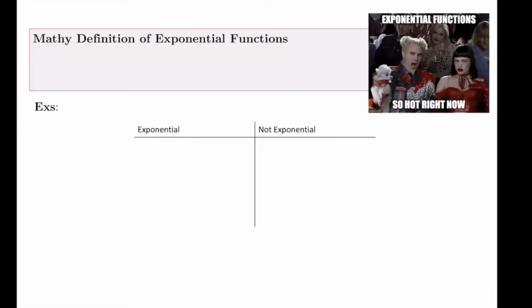All right, so an exponential function, mathematically defined, is one that has this shape or this form or this personality, or the formula has this particular setup. Okay, so it's some number possibly times some other number raised to a variable power.